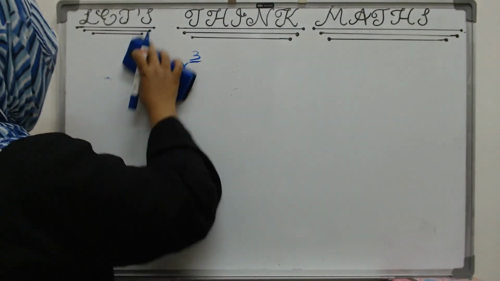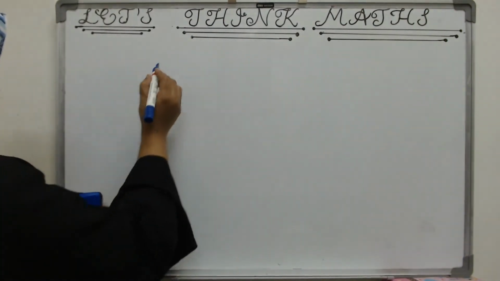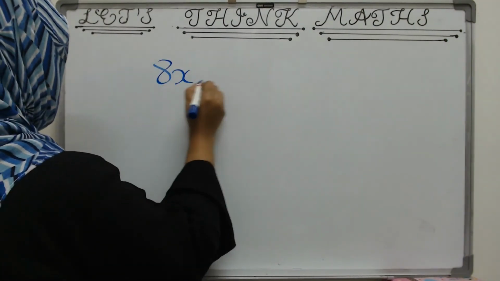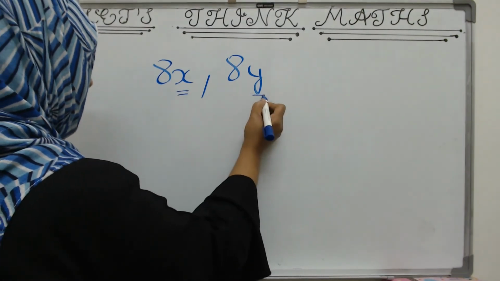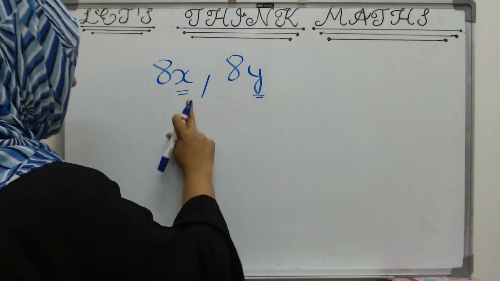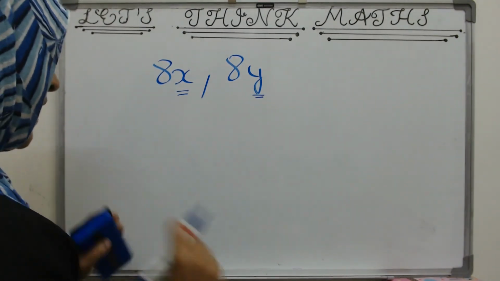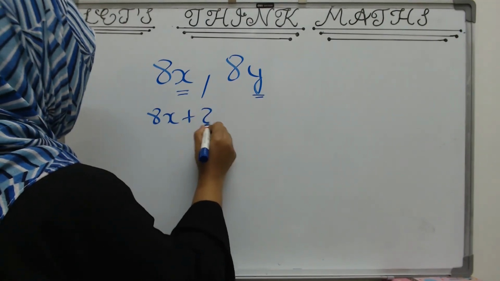Then we went on to like terms and unlike terms. 2 terms which look like this, which have different variables, not the constants, but different variables, are called unlike terms. How will you add them? Finished.